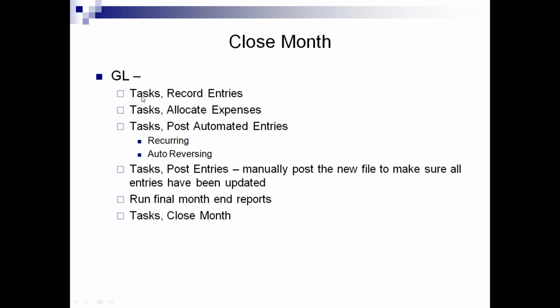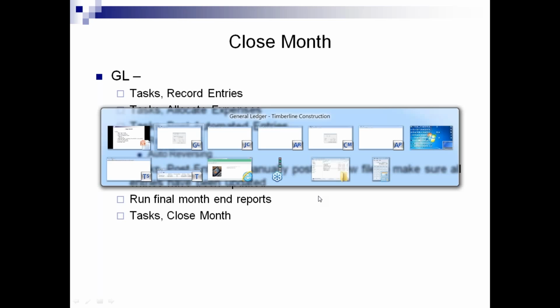You're going to make sure that all of your entries for the month have been either entered through record entries, or allocated or posted if it's an automatic entry. And then you'll run your final month-end reports, so financial statements, trial balance, ledgers, and then you'll run tasks close month.